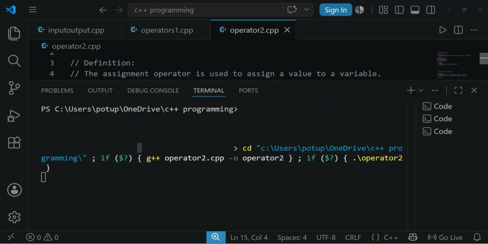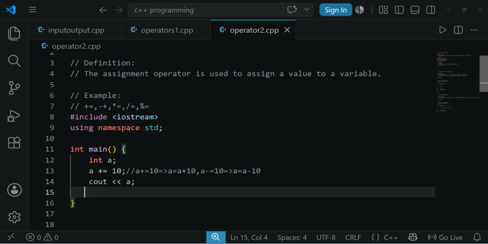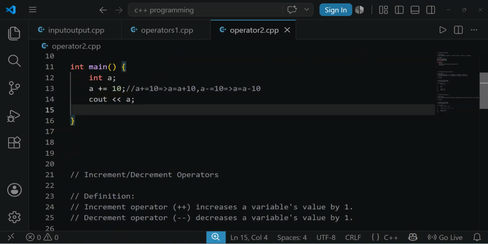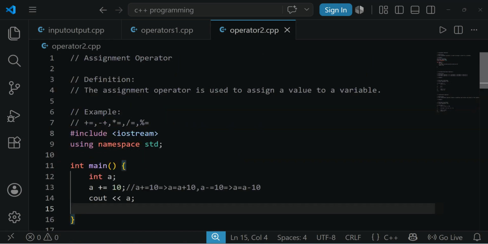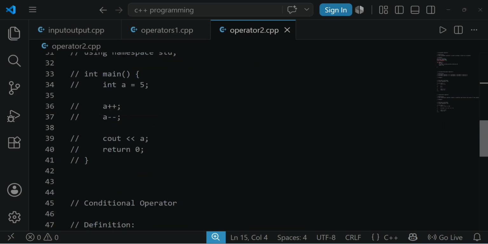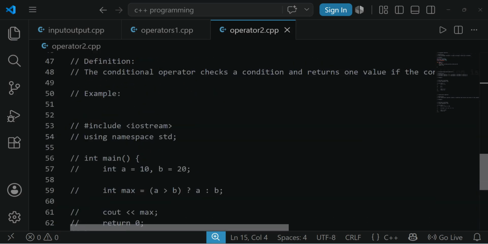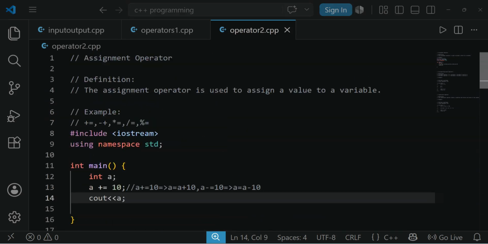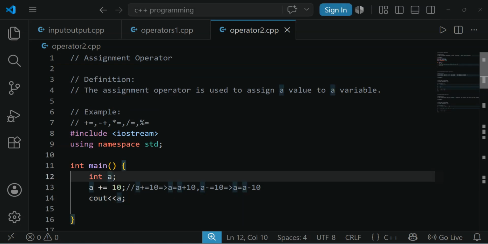Nothing went wrong, but why is it giving an output like this? It should not be like this. I think we haven't assigned any value to A, no? I think it is taking some garbage value.